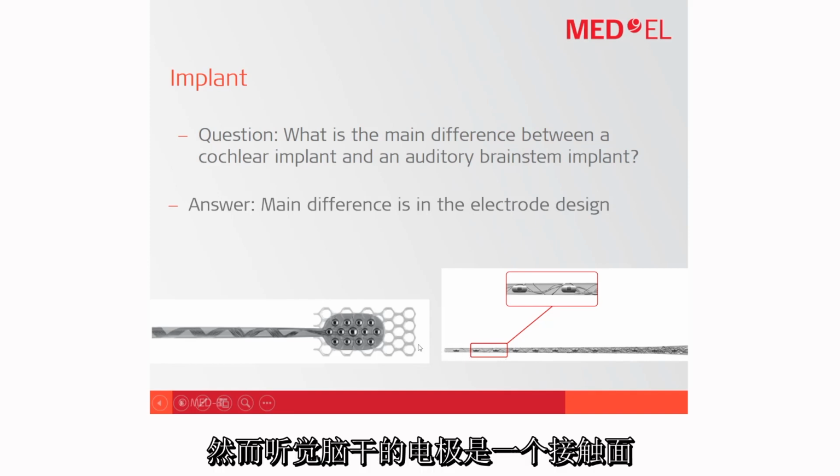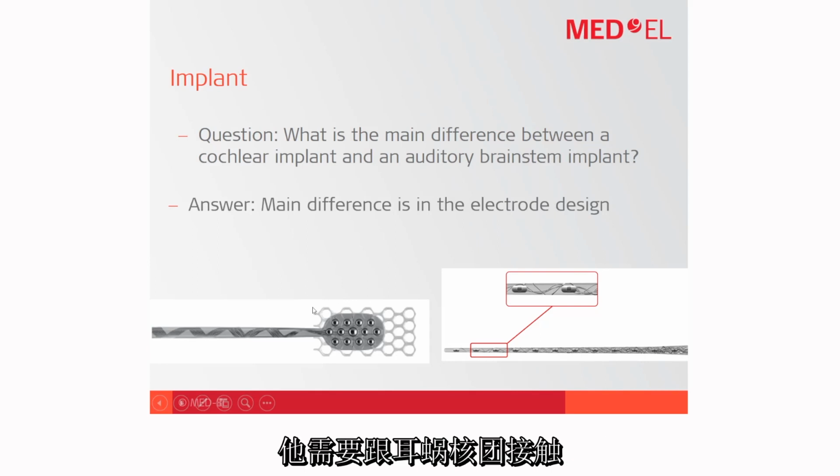While an ABI electrode array is designed as a surface electrode placed on the cochlear nucleus. The cochlea is tonotopically arranged, where you have high frequencies stimulated at the base of the cochlea and low frequencies stimulated at the apex.